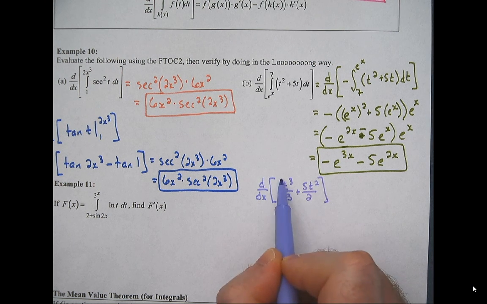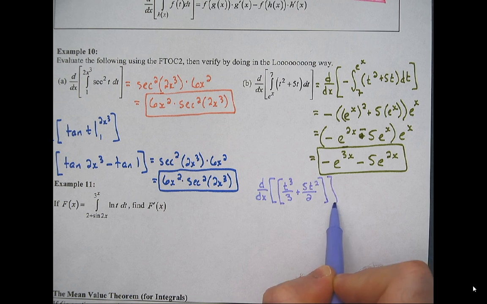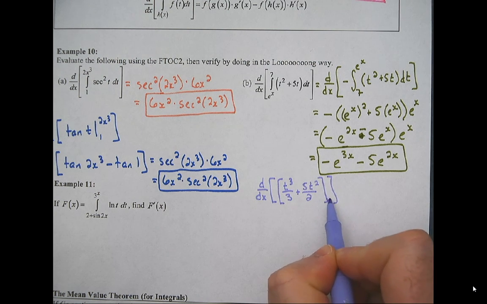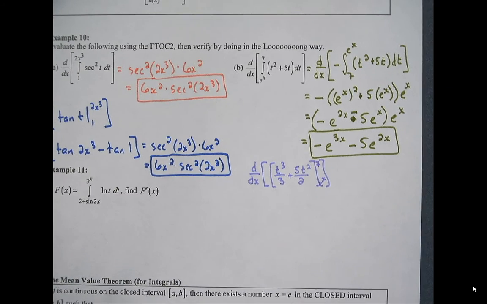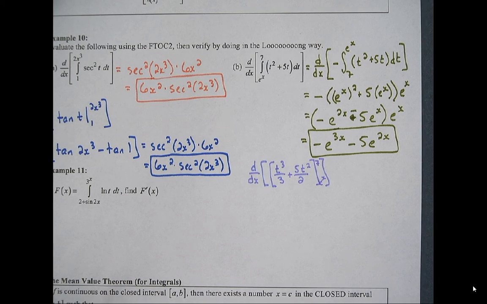Now I've got to put brackets around it, from e to the x until 7. Oh boy, that looks awful. Let me try to write it again a little bit bigger.